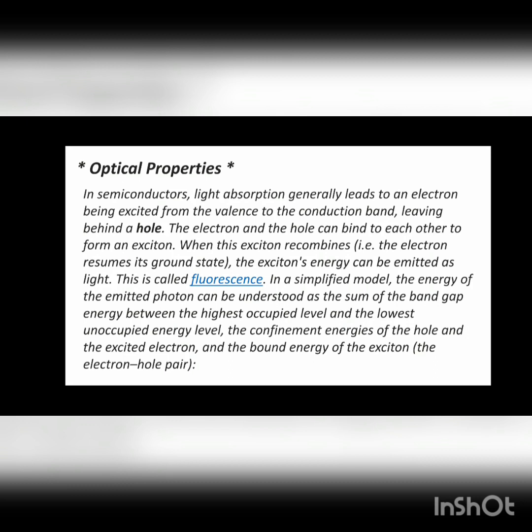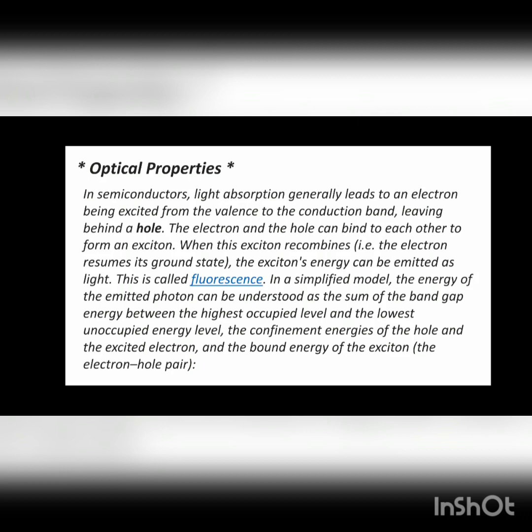Optical properties. In semiconductors, light absorption generally leads to an electron being excited from the valence to the conduction band, leaving behind a hole. The electron and the hole can bind to each other to form an exciton. When this exciton recombines, the excitation energy can be emitted as light.